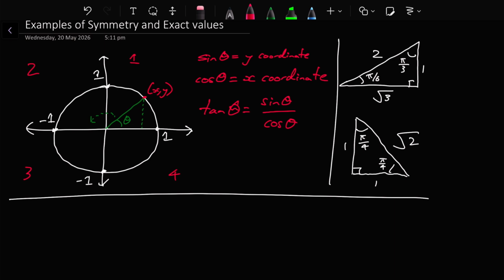Then I can figure out what kind of triangle I'm working with. Because they're congruent, the side lengths are the same, hence the sines and the cosines will be the same, barring positives and negatives.